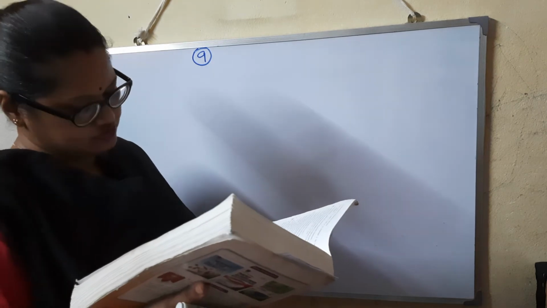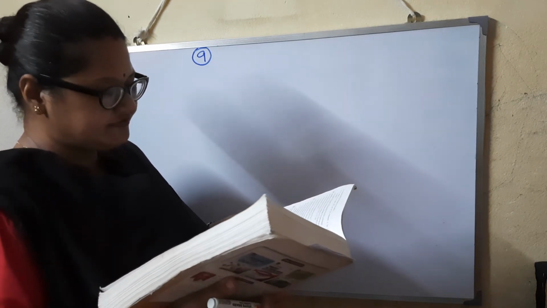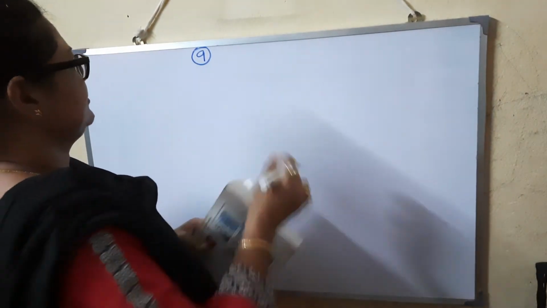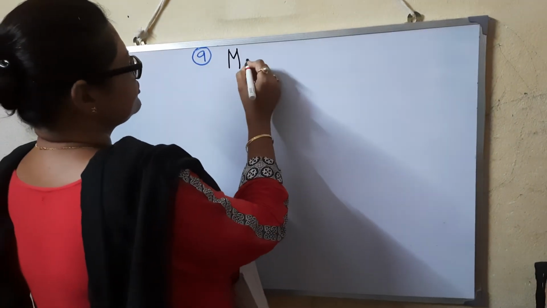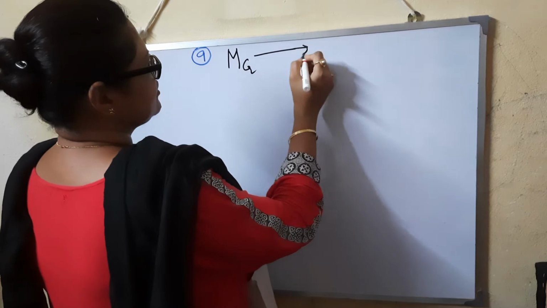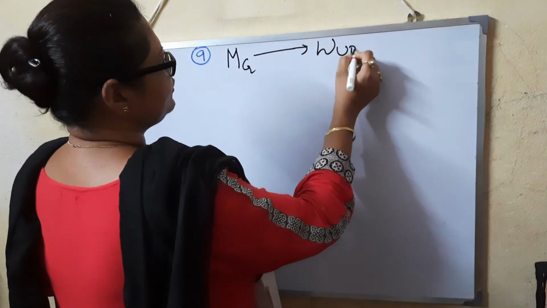Now they are saying the printed price of an article is 40,000. A wholesaler in Uttar Pradesh buys the article from a manufacturer in Gujarat. So manufacturer of Gujarat and wholesaler at UP.